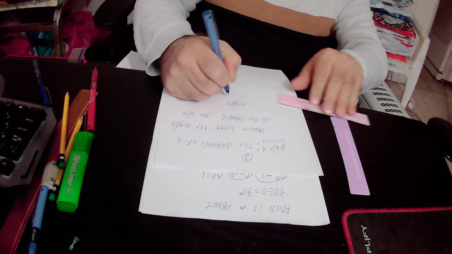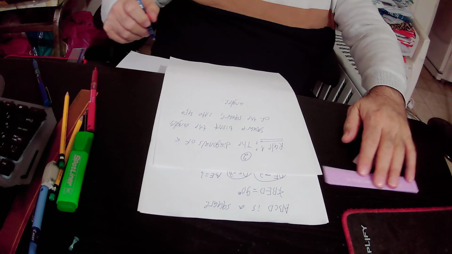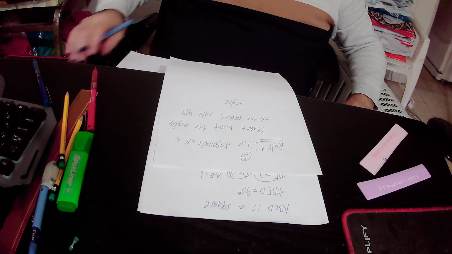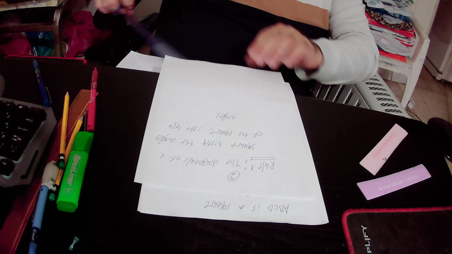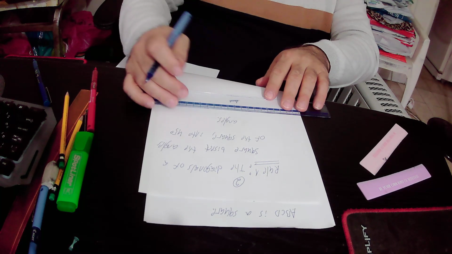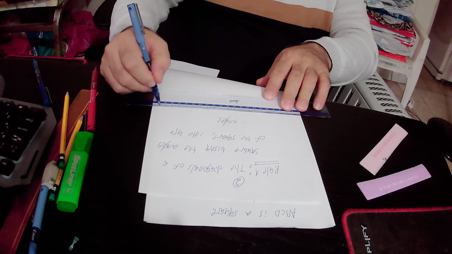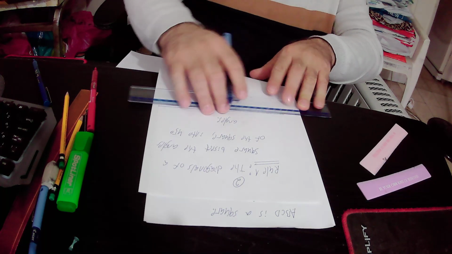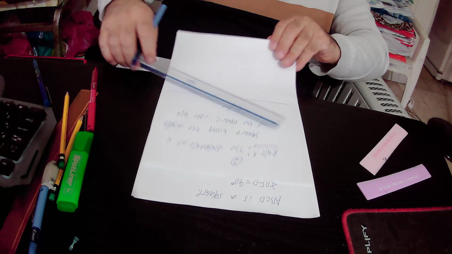I will repeat again. Rule number 1 states that the diagonals of a square bisect the angles of the square into 45 degrees angles.